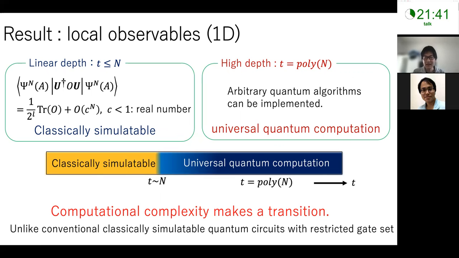This is in contrast to conventional classically simulable quantum circuits, such as Clifford circuit and matchgate, that do not make a transition like this. So dual-unitary quantum circuit is the first example where the computational power makes a transition in polynomial time.